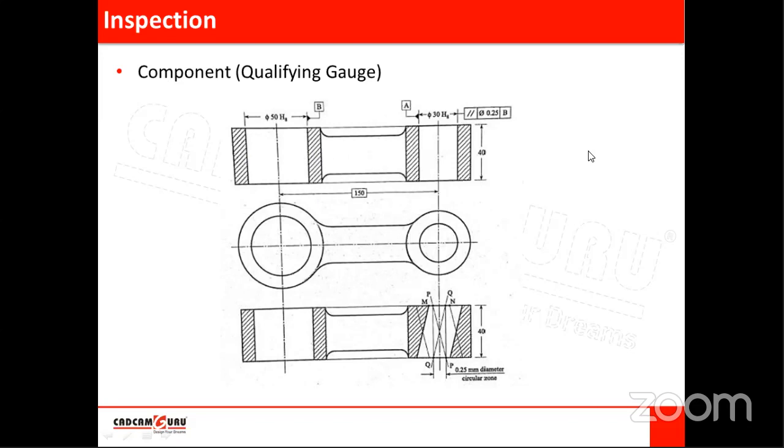While inspecting, you just insert this qualifying gauge on the component and check for the maximum contact. If it is difficult to insert the qualifying gauge on a component, then understand that there is an error. The diameter will be more, or having some tilt, that much diameter is increased as per the requirements.